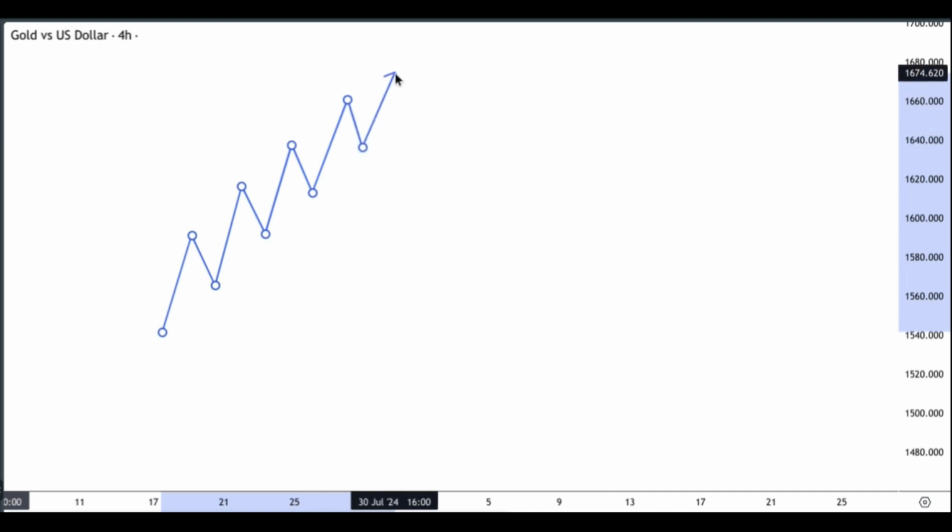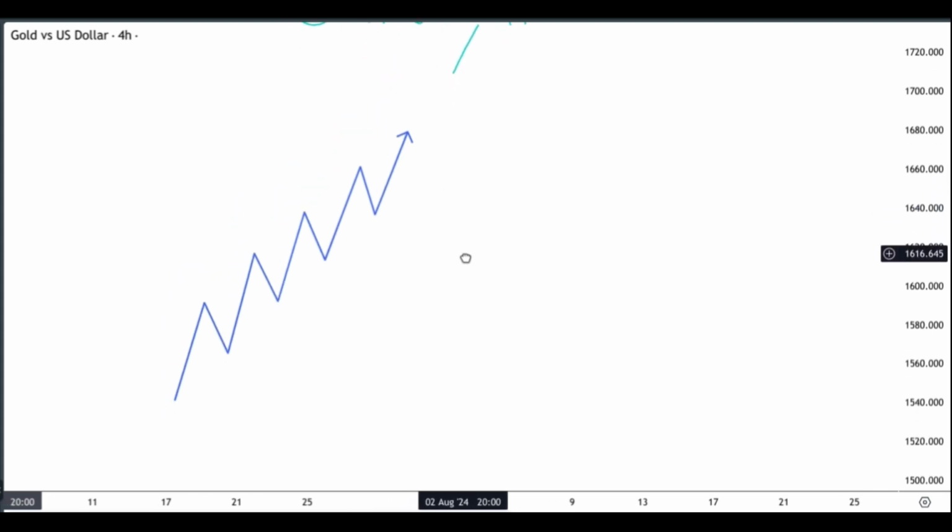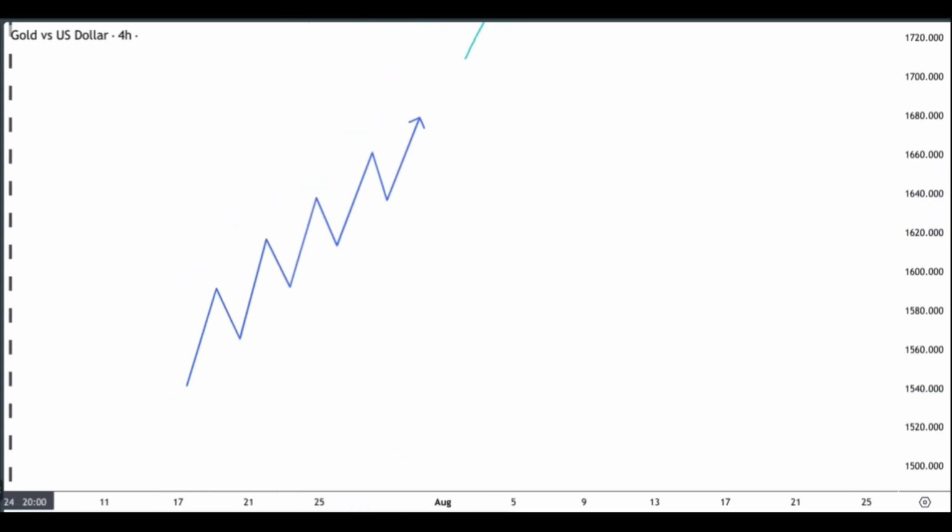I want to show you one of the most simple ways of analyzing and confirming a market structure, and that is none other than trend lines. Trend line is the most simple and the most ignored, I think, by traders, because they think it's kind of simple. Trend lines, guys.